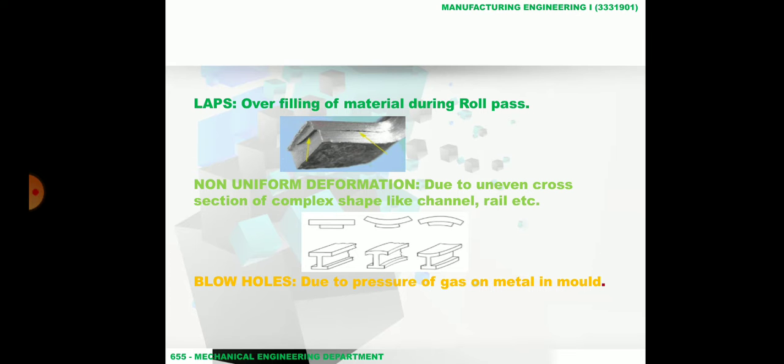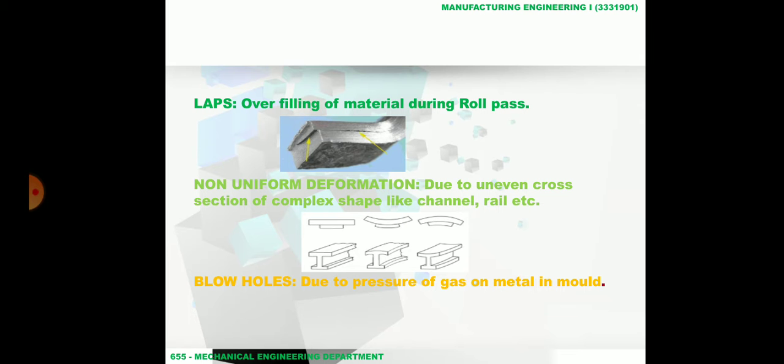The next one is blowholes, due to pressure of gas in the metal in the mold. As we discussed, moisture from the atmosphere comes into the metal during the hot rolling process.